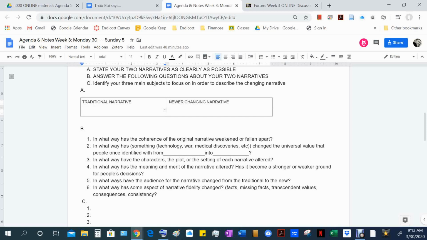In what way has the meaning or the merit, meaning the value of the narrative, altered? So in my example, my traditional one is like college. You need to go to college to become an educated person, and there's value in being an educated person. That's what we value. In the newer world, or my newer narrative, it's more about people having certain skills, I would say. We're more skill oriented, like people need to obtain certain skills in order to be successful.